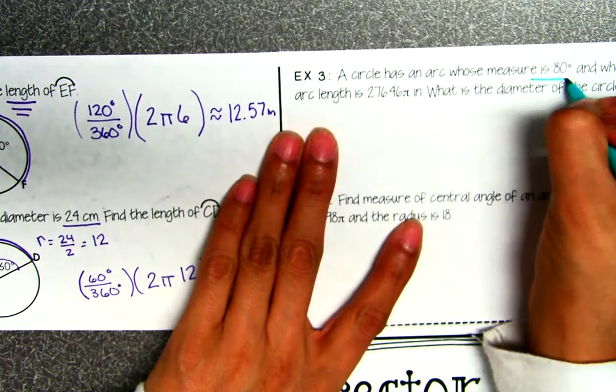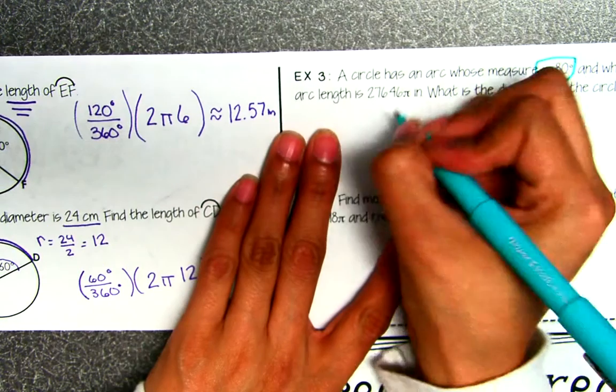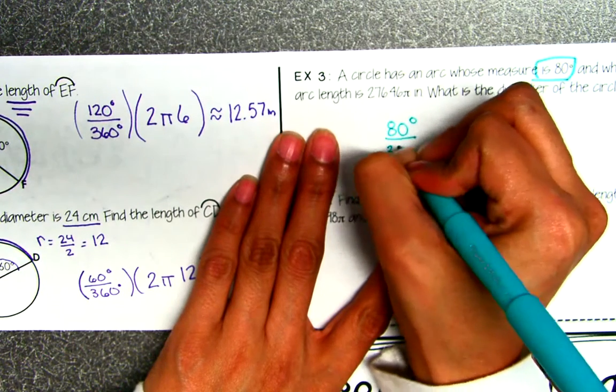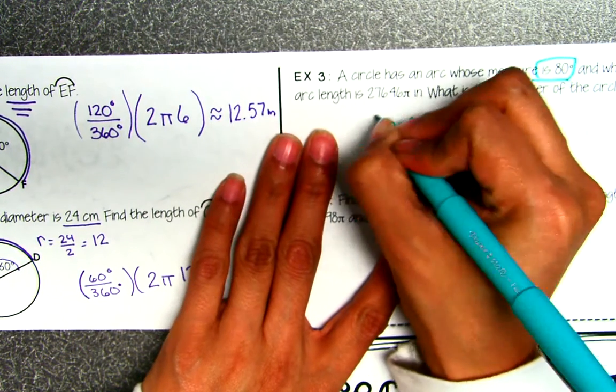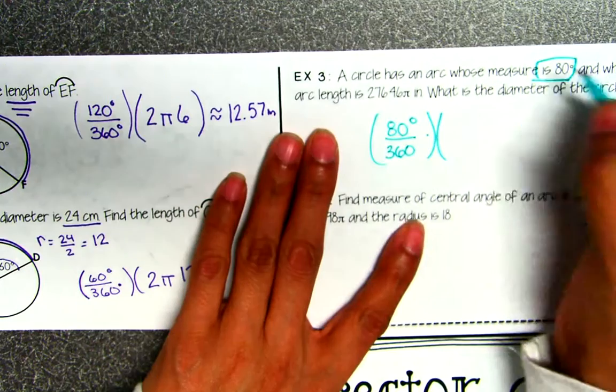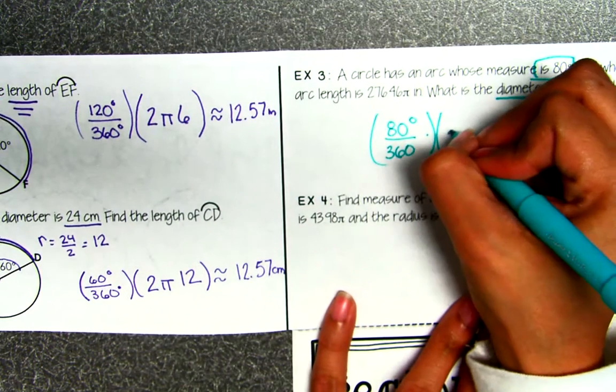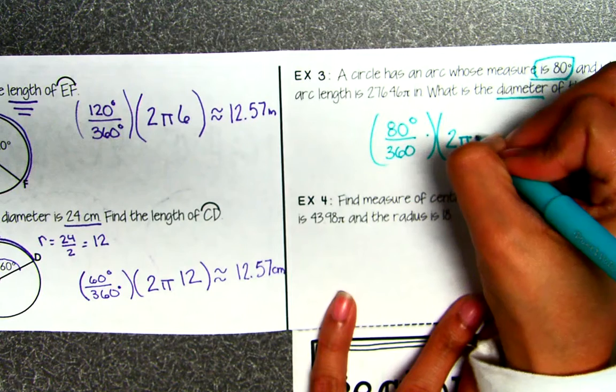So I have 80 degrees over 360, and then times 2 pi r, and it says, what is the diameter?